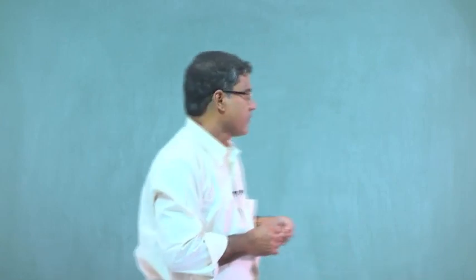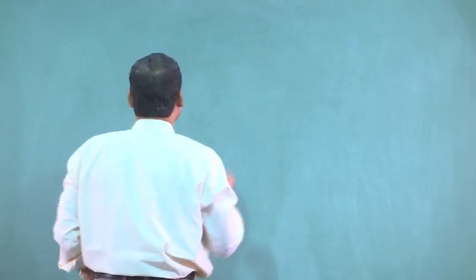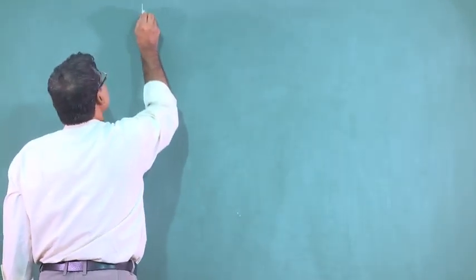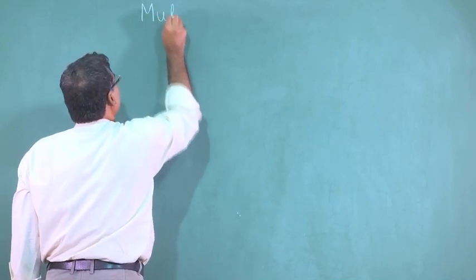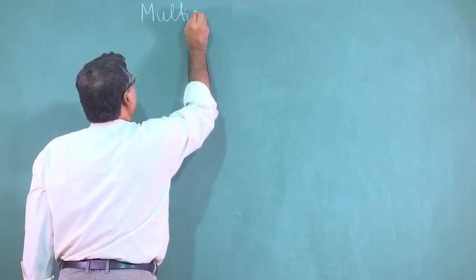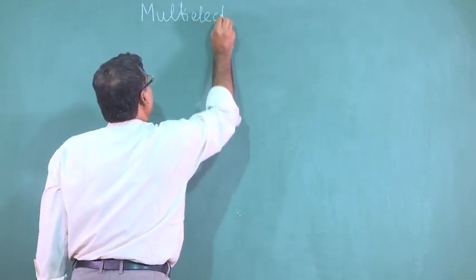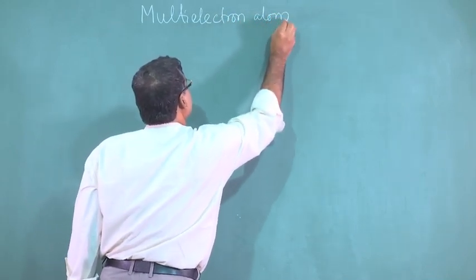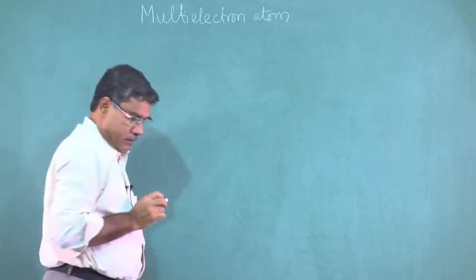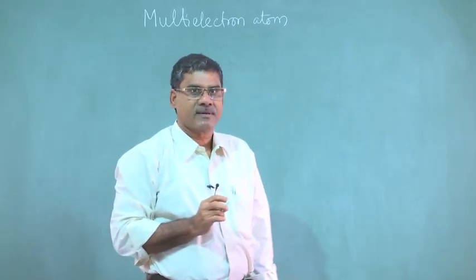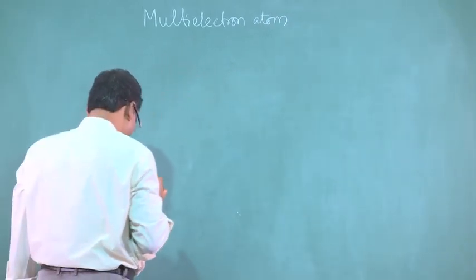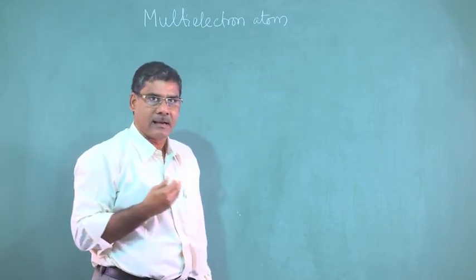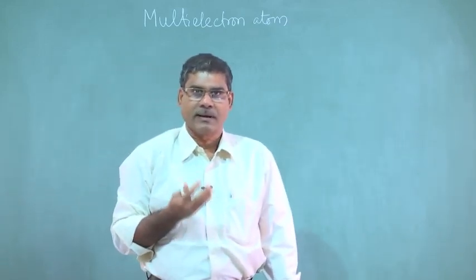So, we are discussing multi-electron atoms. The atomic structure we have seen is the same for all atoms, whether with one electron or more.